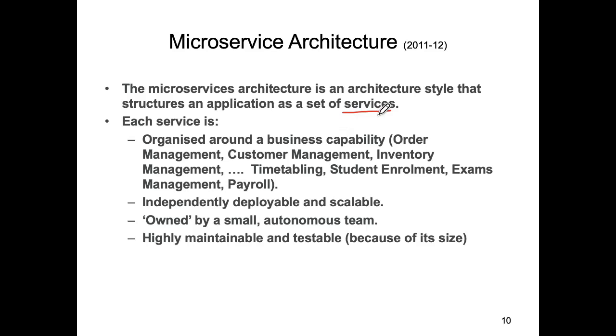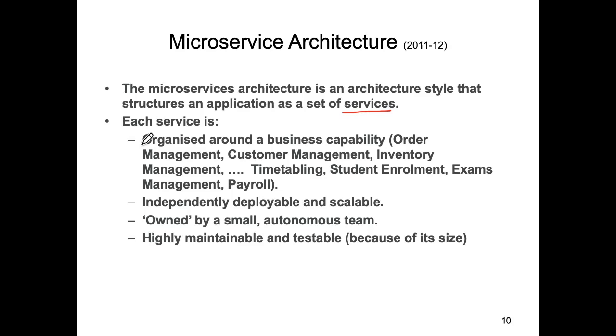So we break our application up into services, where a service is characterized by being organized around a particular business capability. That's from a modularity point of view. So a service should be focused on one part of the business that you're developing the application for.